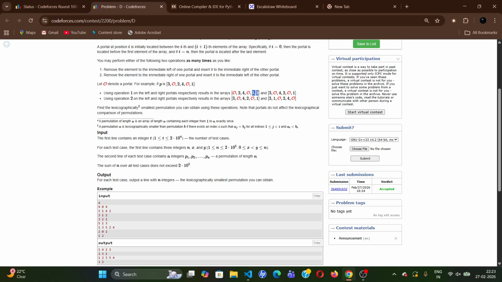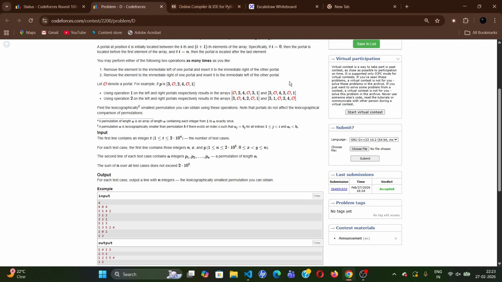There's 3 and 1. It came in that right position, and the right part can go to the left position. So that is what happened here, and you have to make this lexicographically smallest. So in the beginning of this phase, you will put the smallest number possible, right?